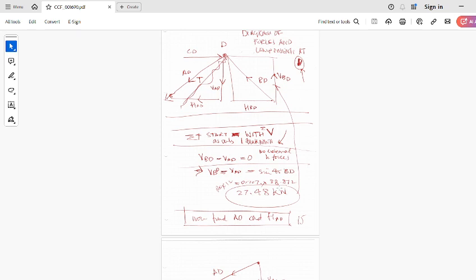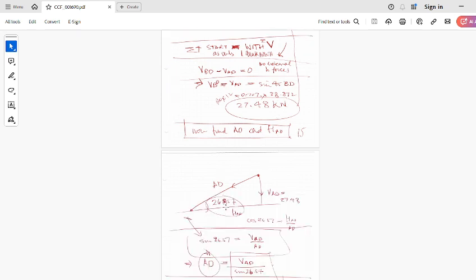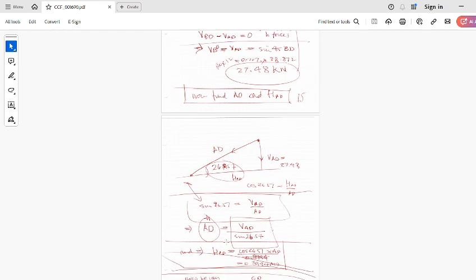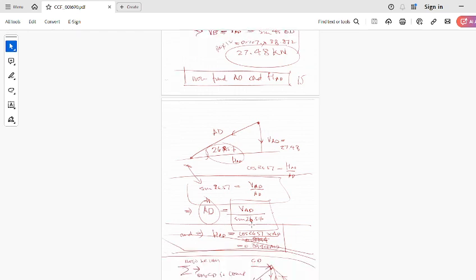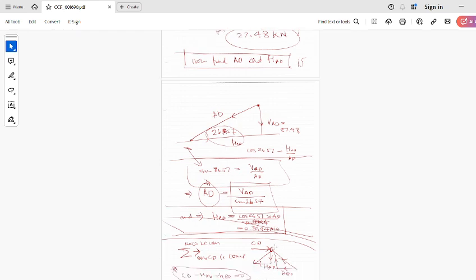Now we can find AD and HAD, because for AD the angle is 26.57, so VAD is 27.48. Sine 26.57 equals VAD over AD, so AD equals VAD over sine 26.57, and HAD is cos 26.57 times AD equals 0.8994.